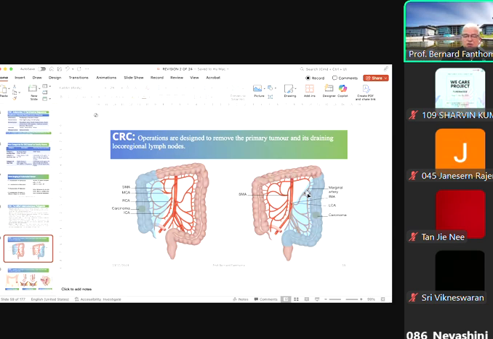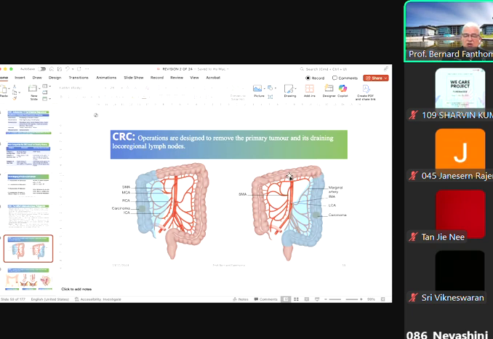In a transverse colon lesion, if you see the blood supply, usually the middle colic also takes off in association with the ileocolic artery. So if we are ligating the blood supply to the transverse colon at its origin, we have to ligate the ileocolic artery as well, and then it ends up as an extended right hemicolectomy, that is terminal ileum, cecum, ascending colon, and the entire transverse colon.